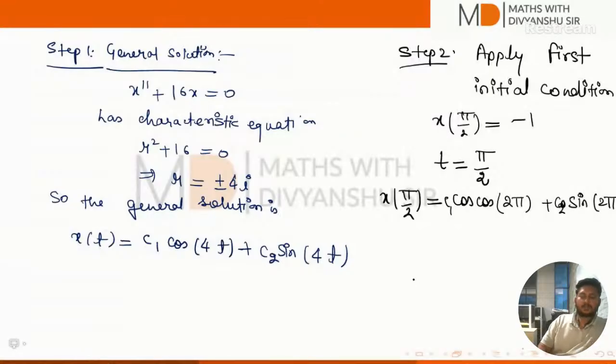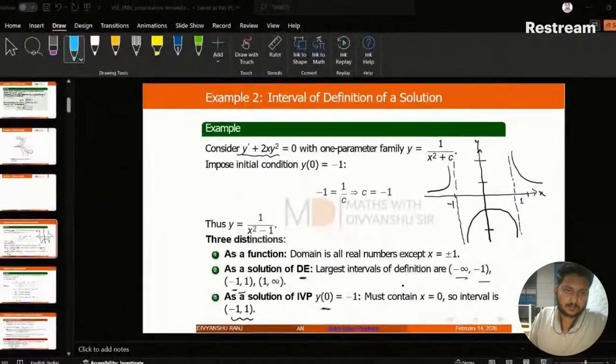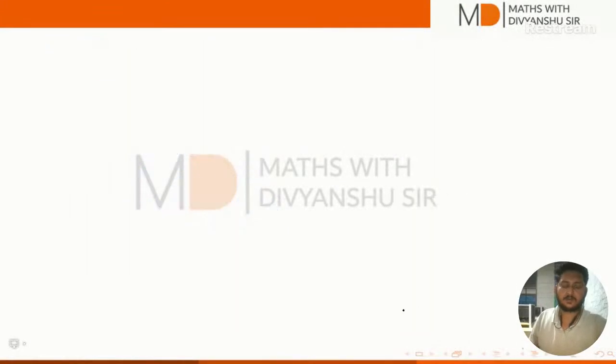Since cos 2 pi is equal to 1 and sin 2 pi is equal to 0, we get c1 is equal to minus 2. So hopefully you understand this now. The value of cos 2 pi is 1 and sin 2 pi is 0.